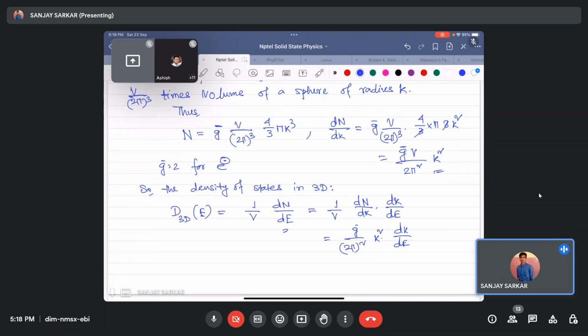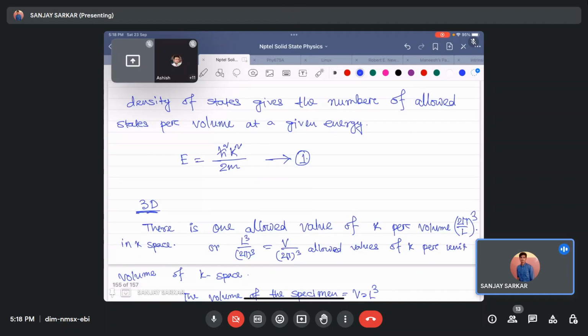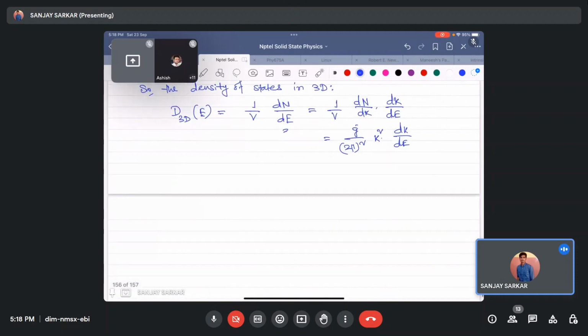Now for this dispersion relation, equation 1, you can calculate dk/dE. So E is given as ħ²k² by 2m. What is dE/dk? dE/dk is ħ²k by m.